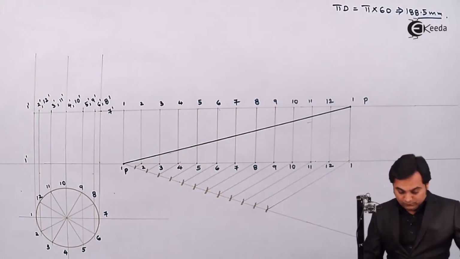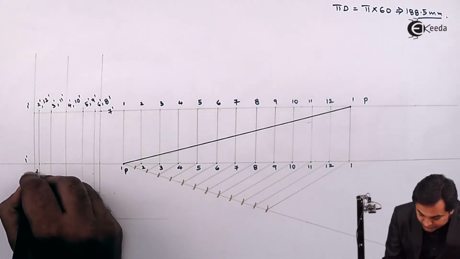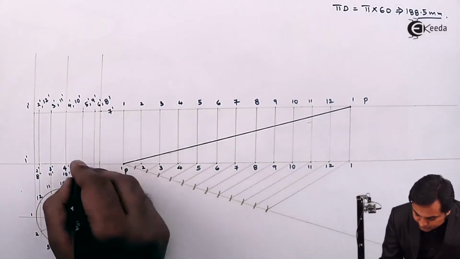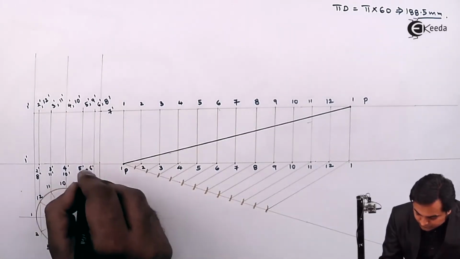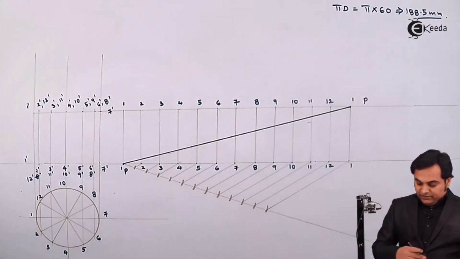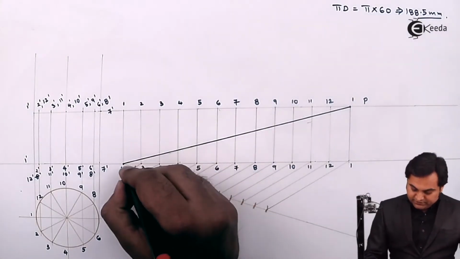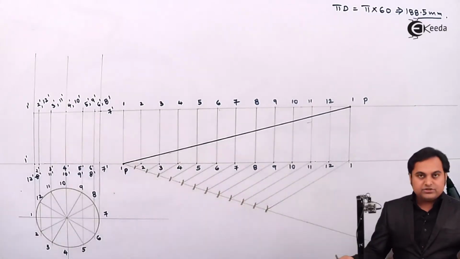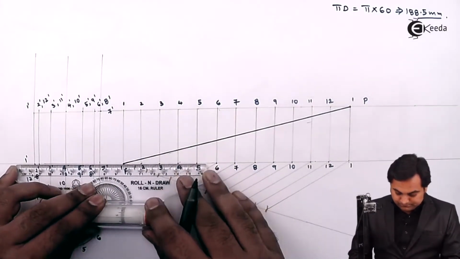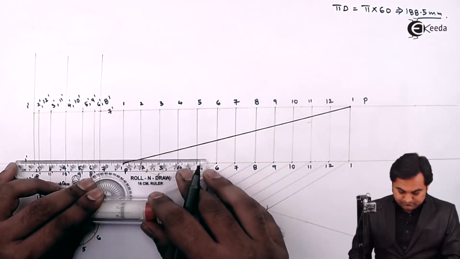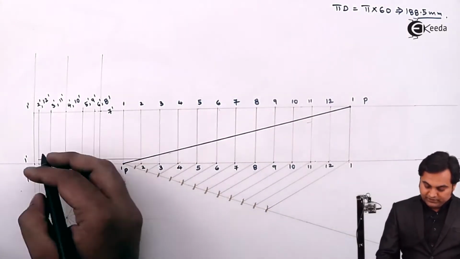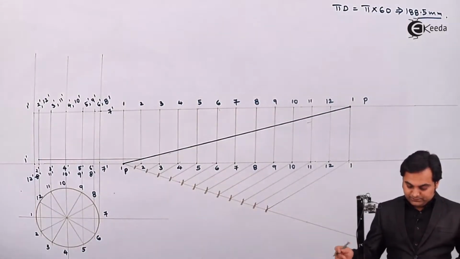Now here also I'll give the notations. Then I'll be transferring the points, like for example where it is cutting point 1, it will be at this location. Then where point 2 has been cut, transferring it onto this generator where I am having point 2 dash.